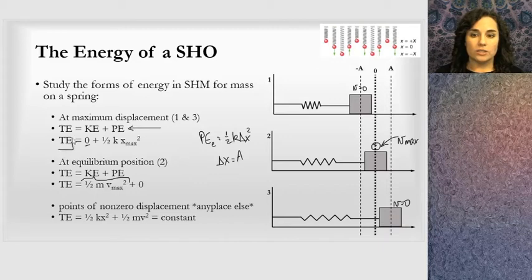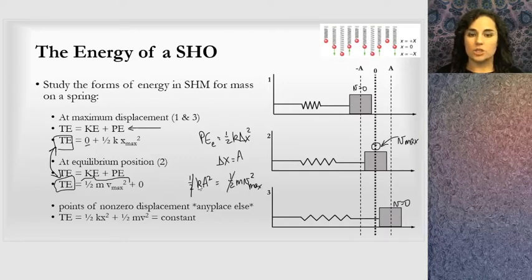What I know is this total energy here and this total energy here are equal to one another, and I can actually relate the amplitude to the maximum velocity. I can just say 1/2 k x max squared, or I'm going to put an A in here, A squared, equals 1/2 m v max squared. And when I simplify this equation, you can see that happen.